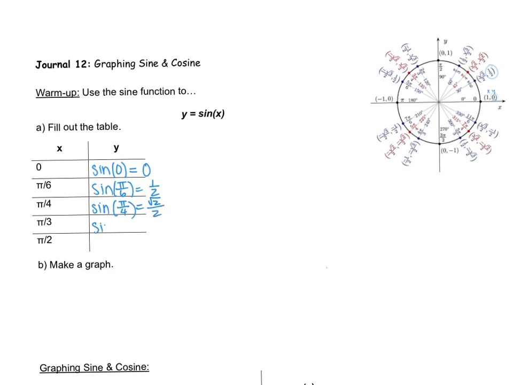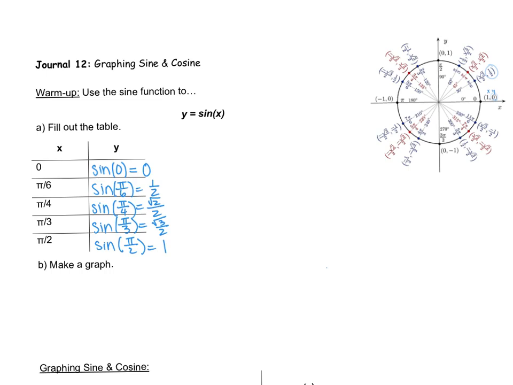Then I can go to the next one, sine of pi over 3, which is going to be here, root 3 over 2 for the y value. And for pi over 2, this is going to be right here, and the y value is 1.